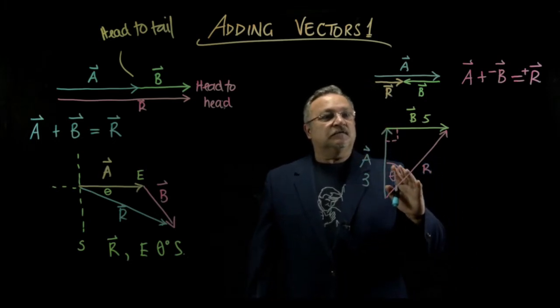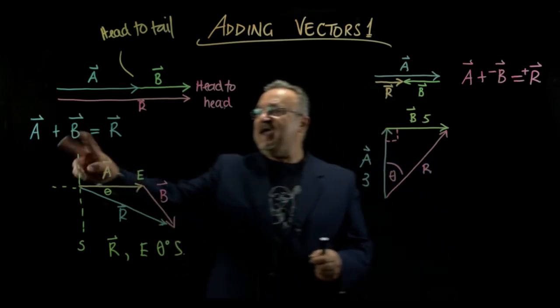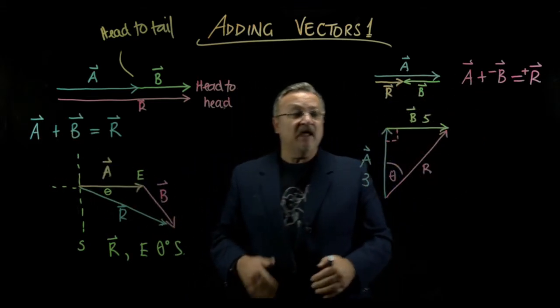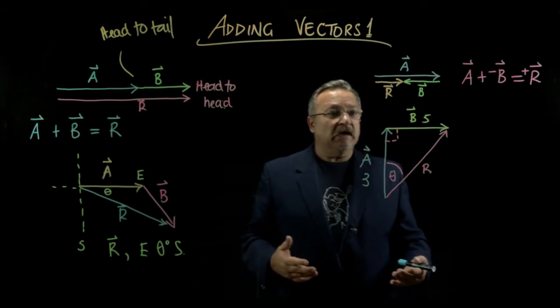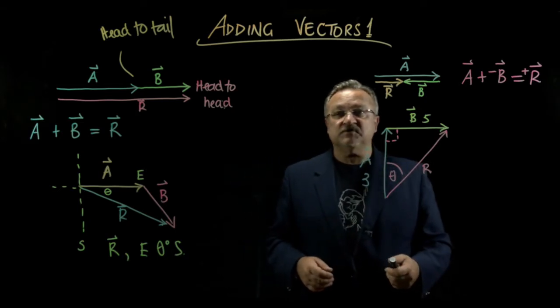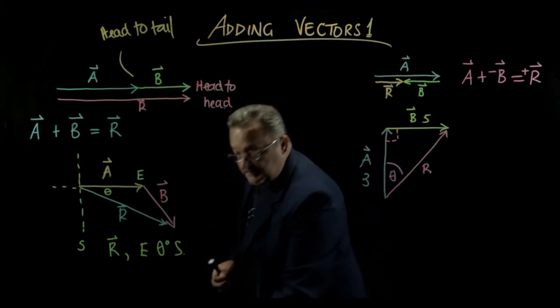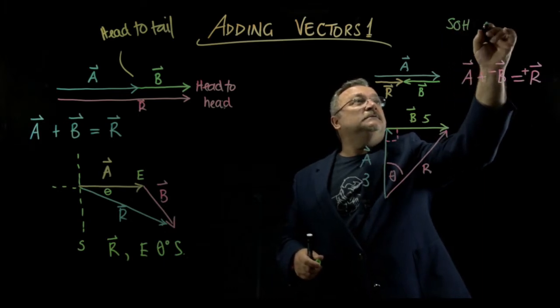Now, to find the resultant in this case, it's not just a matter of adding them or subtracting them like we did in this particular situation. We must use trigonometry. So let's start by thinking about what relationship we've got here. So we've got SOHCAHTOA. You've got to remember that so you can apply those rules.